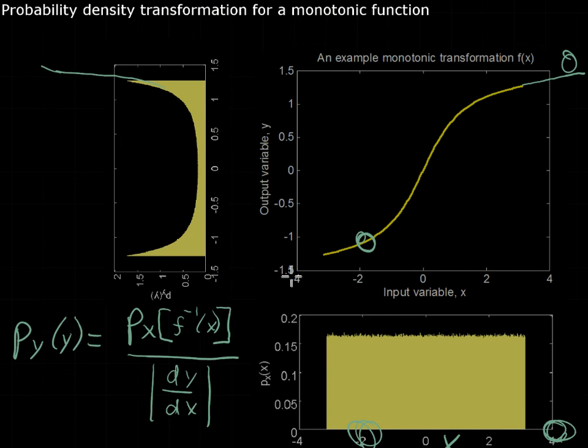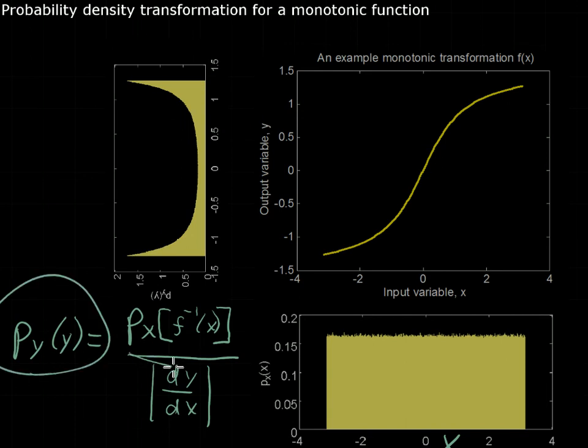So that's qualitatively how to understand what's going on with this density function mapping. Again, this is how we relate the density in y to some input density in x.